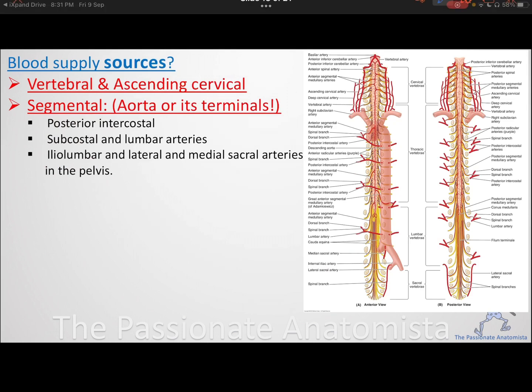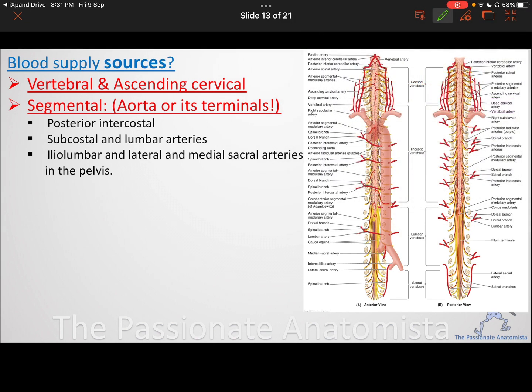If I have here my heart, if I have the arch of aorta, brachiocephalic, common carotid, subclavian, if I'm in the neck region, remember what was the most important artery? It was my vertebral arteries, you guys, from the subclavian.